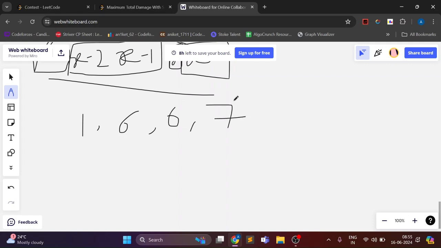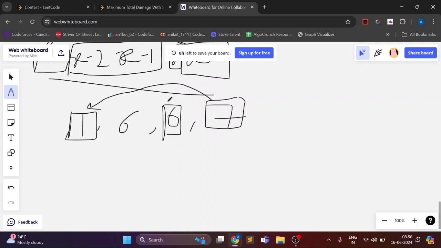Now if I take 7 as one of the spells, I cannot take any of these 6s. So what I can take is the maximum answer till this index. Similarly, if I take 6 as a spell, then also the maximum answer could be this one.